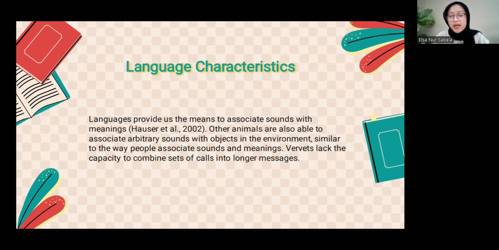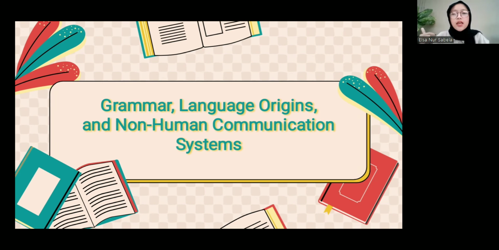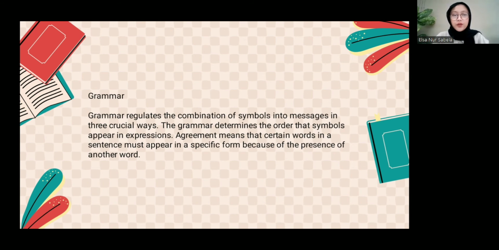But before I explain about the language abilities of other living modern species, I will explain about grammar. The topics are grammar, language origin, and non-human communication systems. But the first is grammar. Grammar regulates the combination of symbols into messages in three crucial ways.